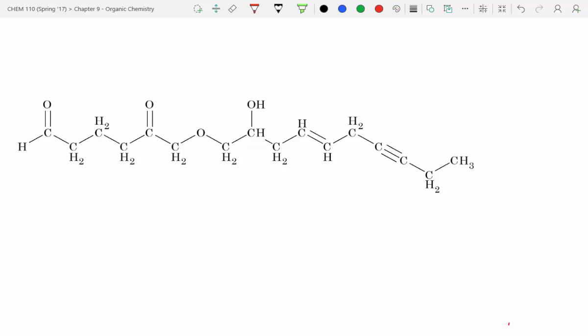How many functional groups were you guys able to identify? Those of you who have finished. 6? I'd say there's 7 if you count the alkane. So if you're still working on it, see if you can spot 7.